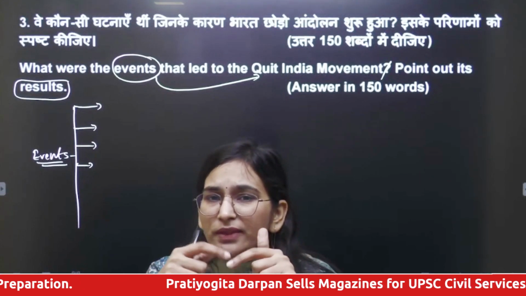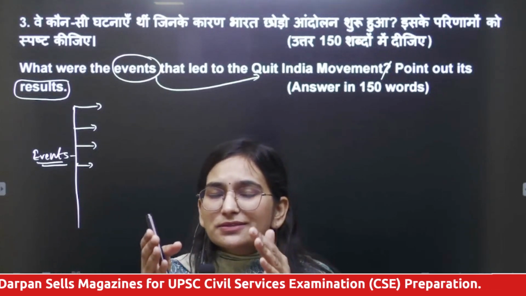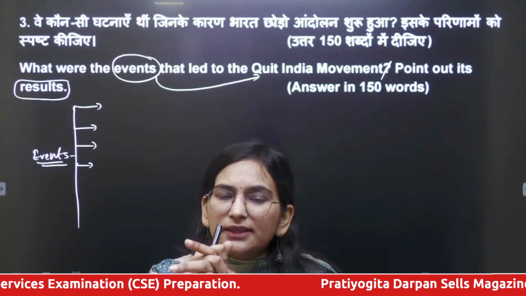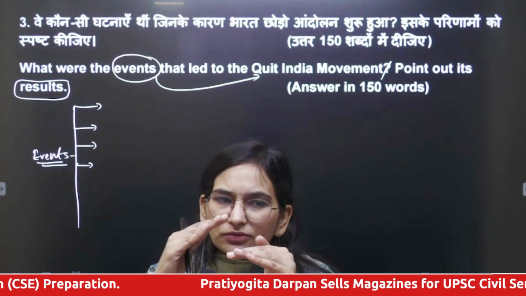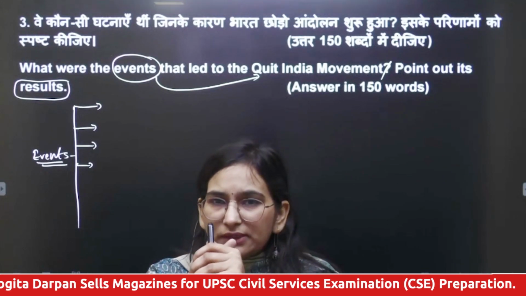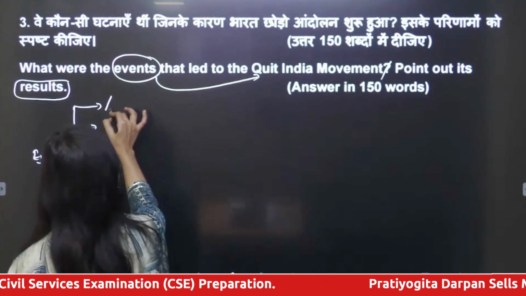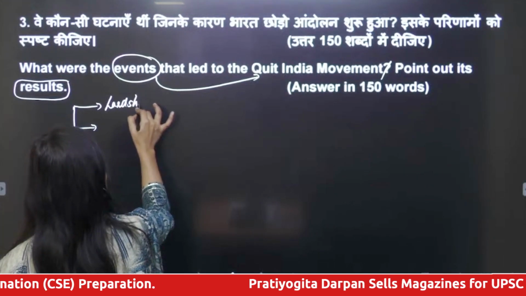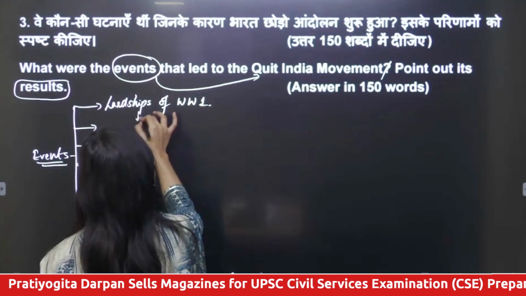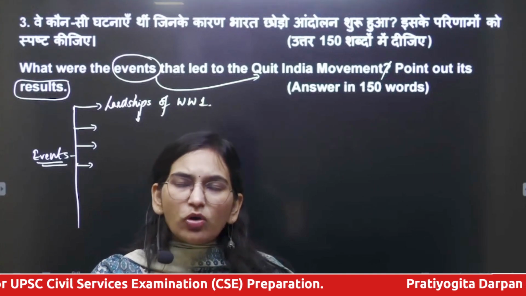This was the thing that led to the rise of the people, or involvement of the masses in these national and independence struggles, and this mass participation would start after World War I. First time we see that after World War I, you can write here hardships of World War I, and these hardships would culminate in the form of a national movement, that was the non-cooperation movement.